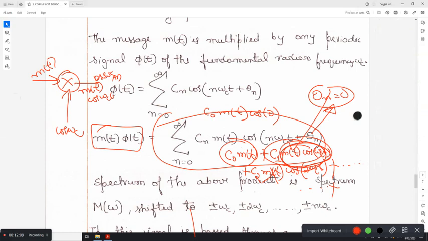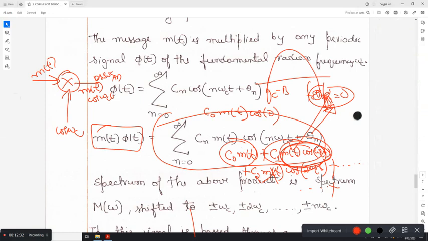You just require from Fc minus B to Fc plus B. Only this is required for you. So you have a band pass filter with lower cutoff Fc minus B and upper cutoff Fc plus B. That's what your sideband is.